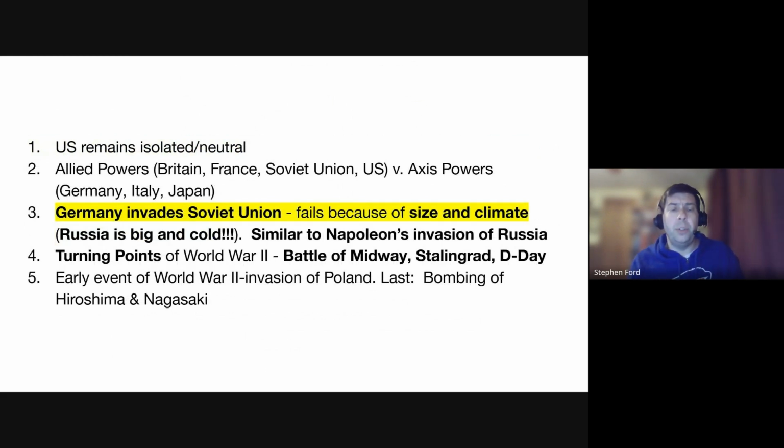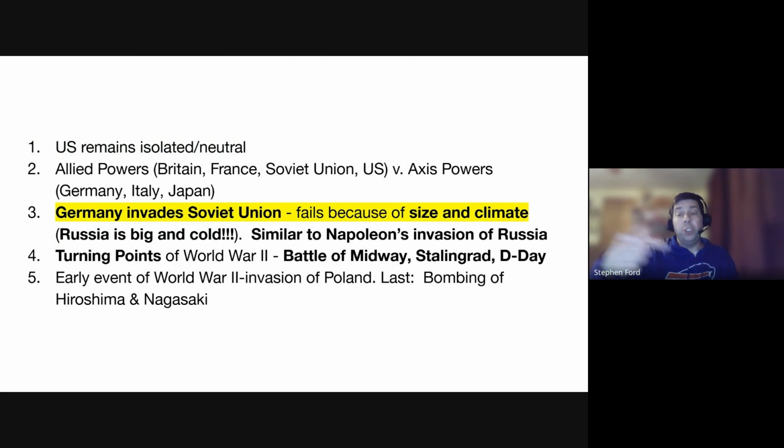Okay, the US remains neutral early. I have the two opposing forces, the Allied powers and the Axis powers. Also, something that has come up, and I'll write it in here. The Blitzkrieg of Poland is a lightning war. It is not trench warfare. We're going to move fast like lightning.